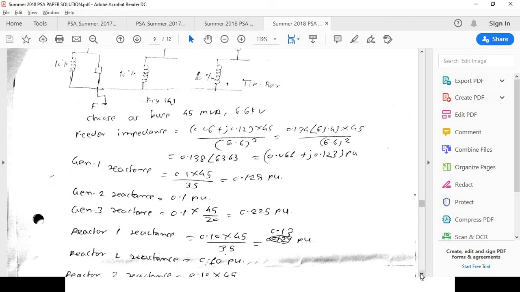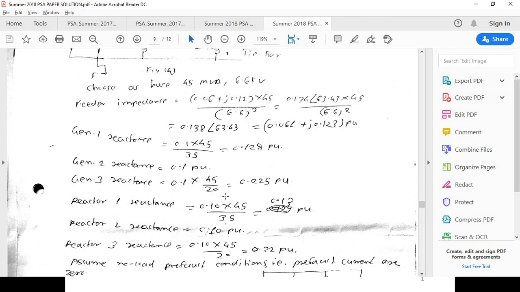Similarly, reactor 1 reactance is 0.1 into 45 upon 35, 0.128 per unit. Reactor 2 reactance is 0.10 per unit, and reactor 3 reactance is 0.225 per unit.